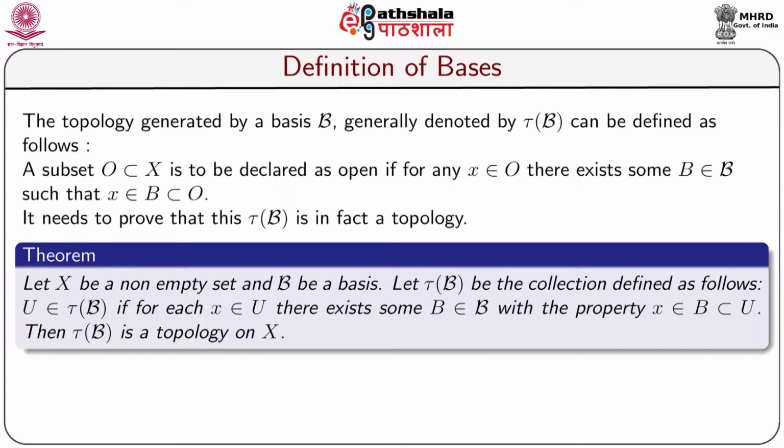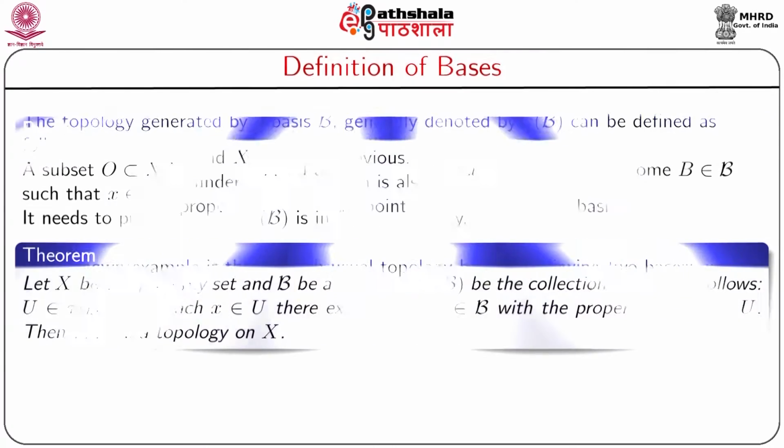First, we have to prove that the empty set belongs to tau B. This holds vacuously. The whole set X belongs to tau B. This holds obviously. Now, we have to prove the finite intersection property and arbitrary union. Both of these hold and are easy to prove.